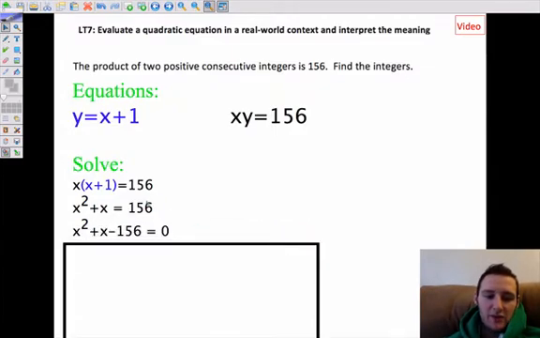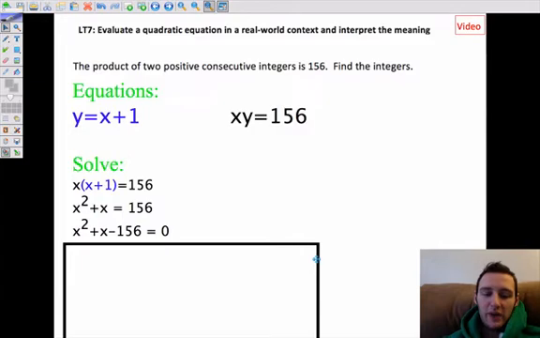I want to subtract 156 from both sides so that I have it in general form. Remember we talked about general form in learning target 2. And from this point, this is factorable. If you think about what we talked about in learning target 3, a good time to factor is when you don't have a coefficient on the x squared. And we don't have a coefficient here, I mean, it's just 1.